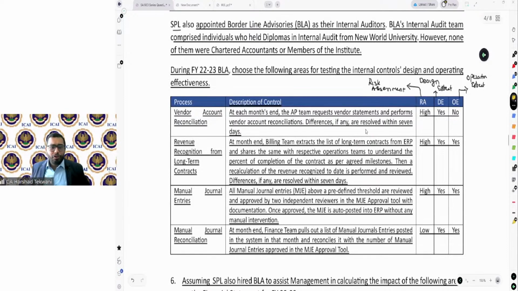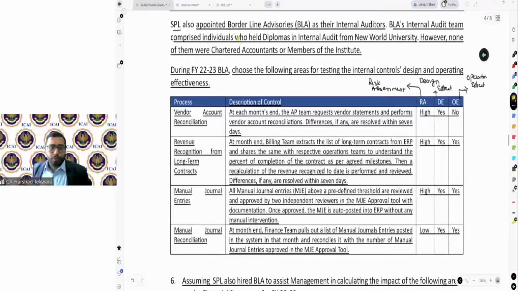Number one, whether the organizational status of the internal auditor supports their objectivity. And when I talk about objectivity, it is basically whether they are able to work in an objective manner, free from bias, free from conflict.